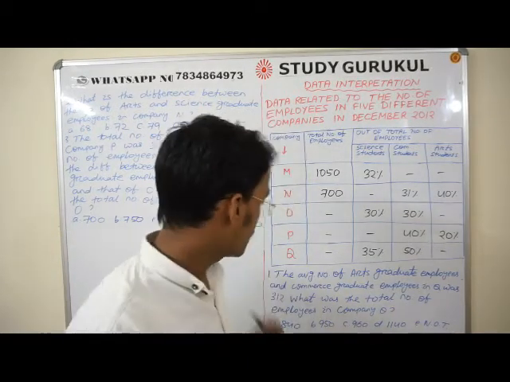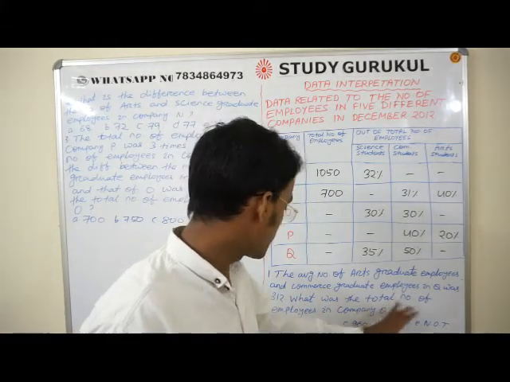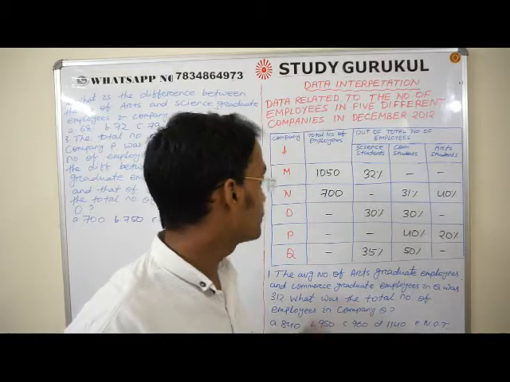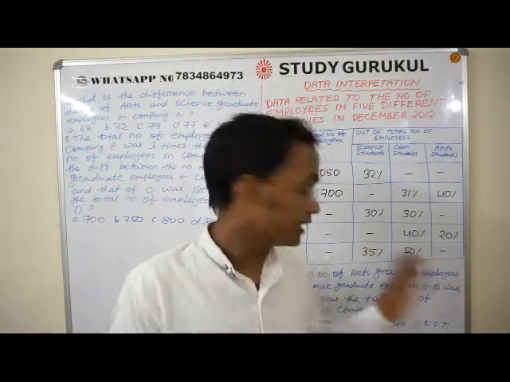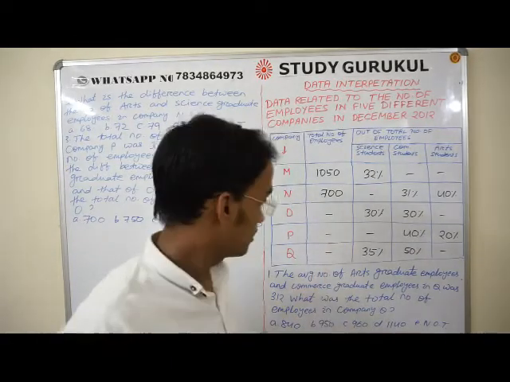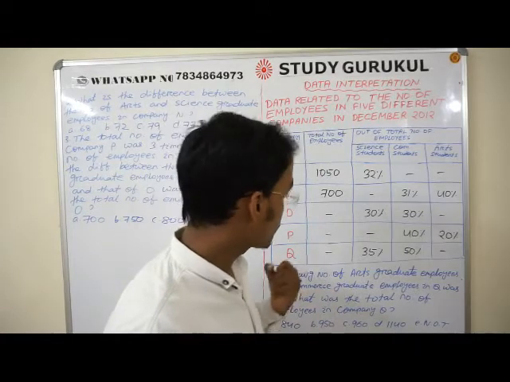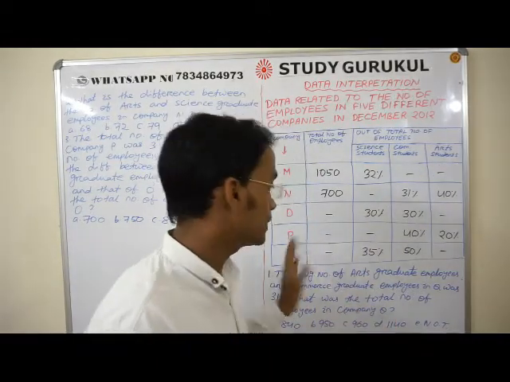Clear? Now see, what is the question? What was the total number of employees in company Q? The total number of employees in this particular company is not given. First see, what is the total number of arts and commerce employees from company Q?